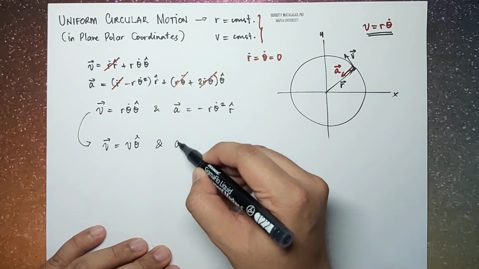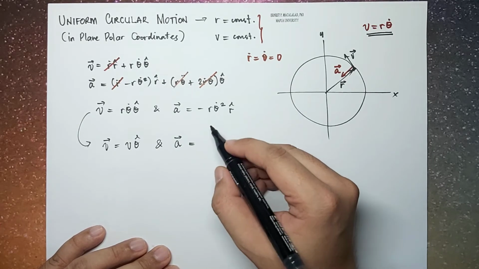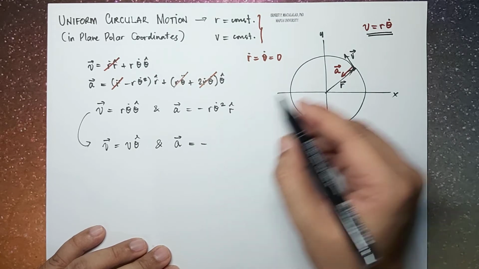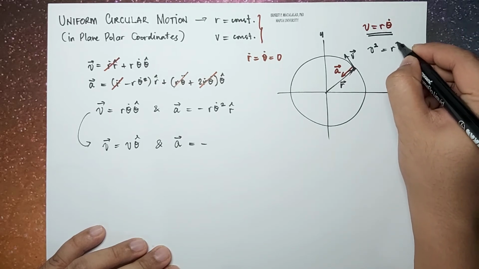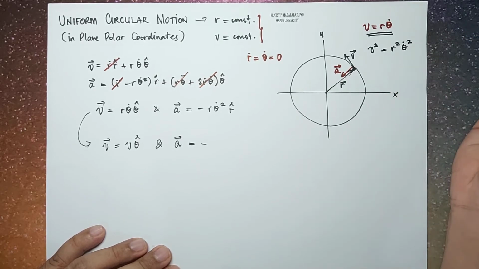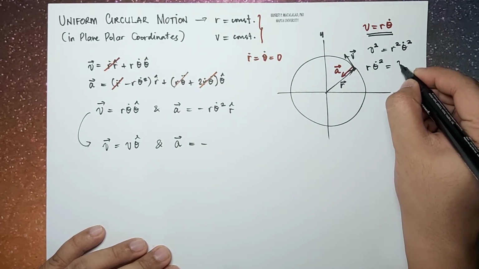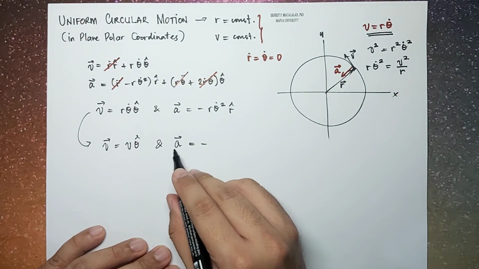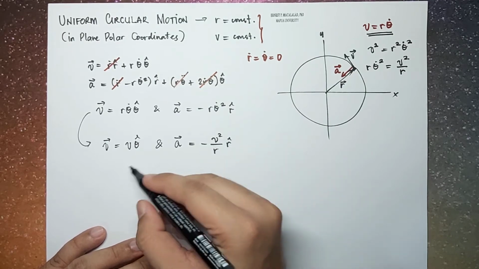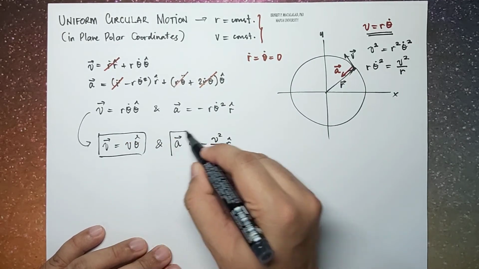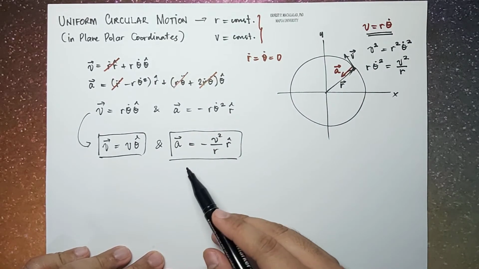And a is equal to negative r theta dot squared r hat, which is r theta dot squared equals v squared over r. So a is equal to negative v squared over r r hat. This is the more familiar form for velocity and acceleration.